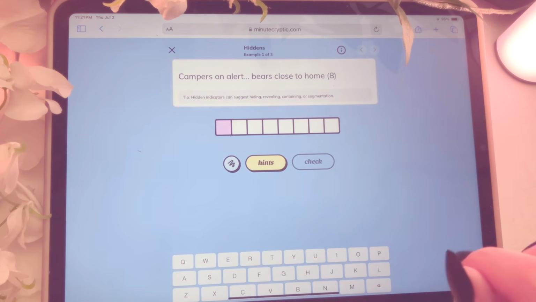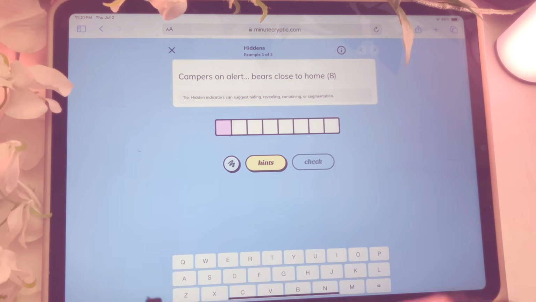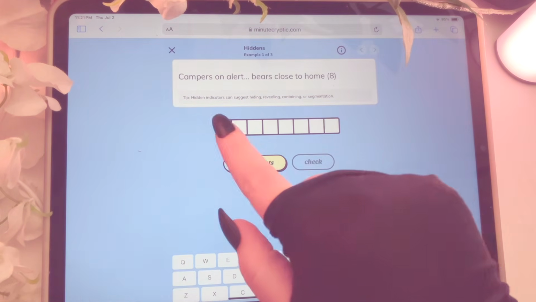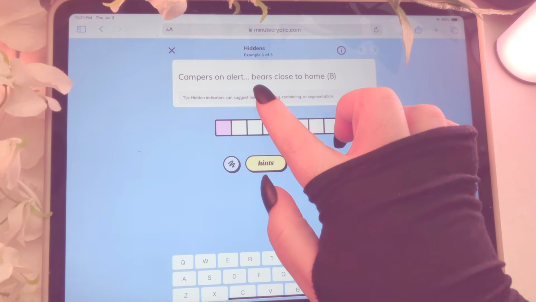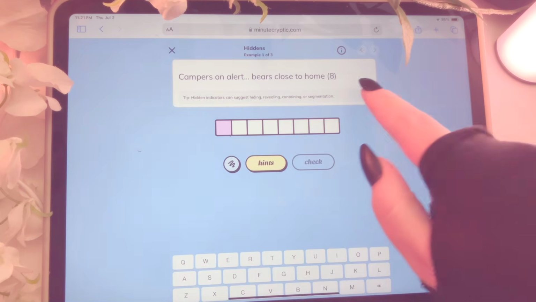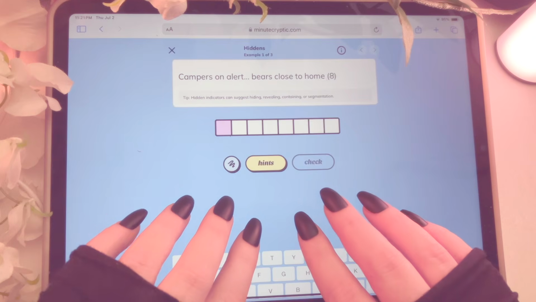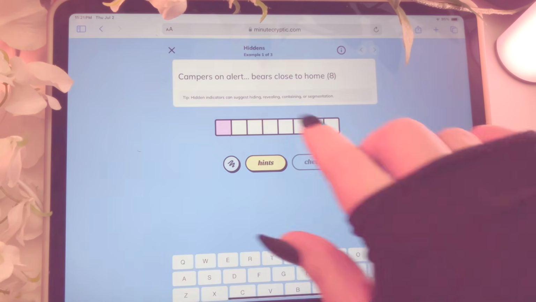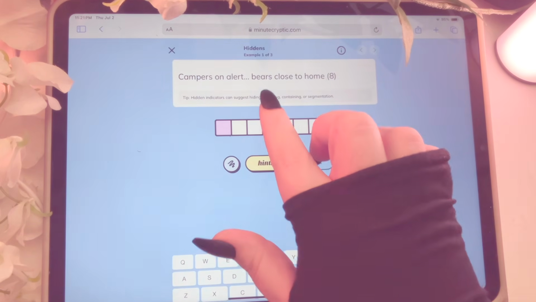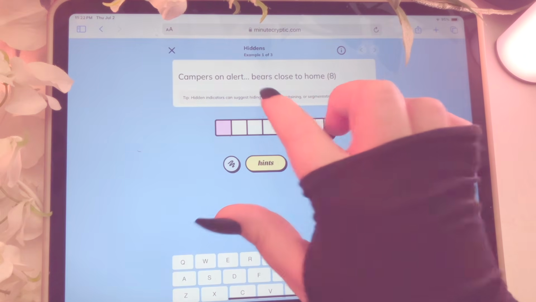Let's start with this example. The clue is campers on alert, bears close to home, and it is 8 letters. The hidden indicator must be bears.